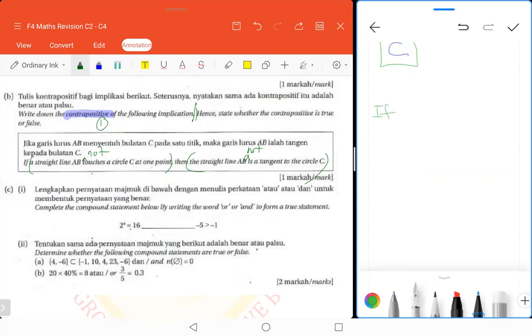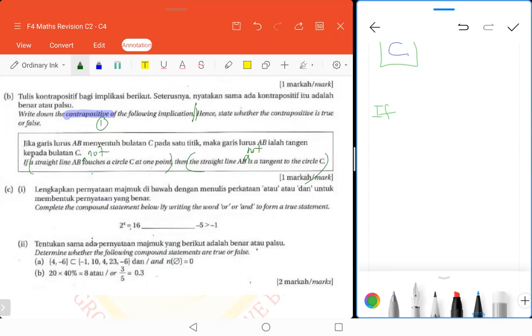If the straight line AB is not a tangent to the circle C, missing the then, is it? Notice it's missing the then. Then a straight line AB not touches a circle C at one point. Okay, must add in the then.